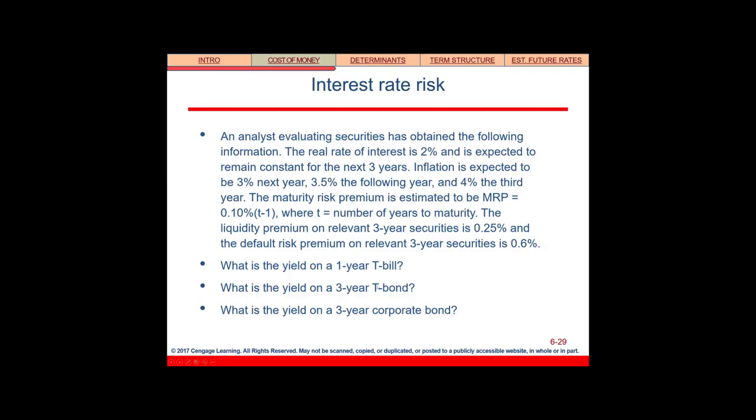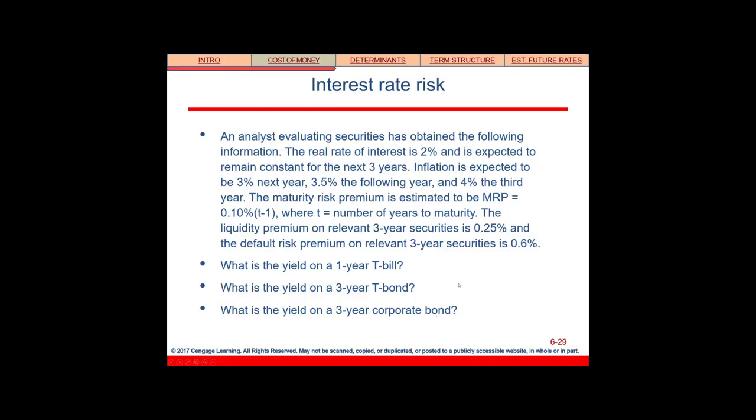Remember, the corporate bond also has a 3-year maturity, which means it has the same inflation premium as the 3-year treasury bond. The maturity risk premium is also the same because they have the same maturity, and the real risk-free rate of return is the same for everybody, 2%. So the only difference between the 3-year treasury bond and the 3-year corporate bond is the default risk premium and liquidity premium, right?